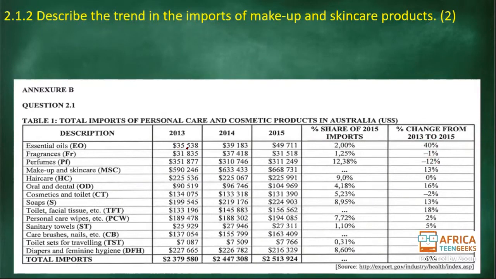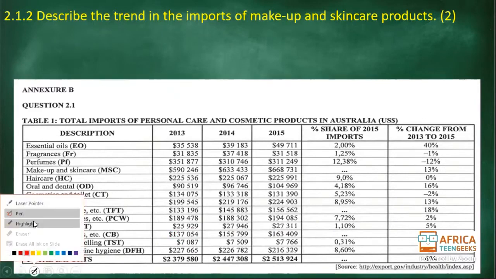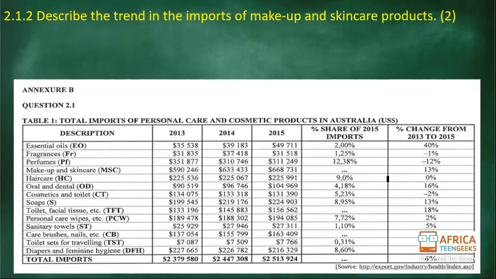You can see here the trend looks like they keep on increasing. 31, 37, 31. At other times it fluctuates, but the general trend seems to be an increase, I think. So you just analyze the table and give the general trend that you are noticing.